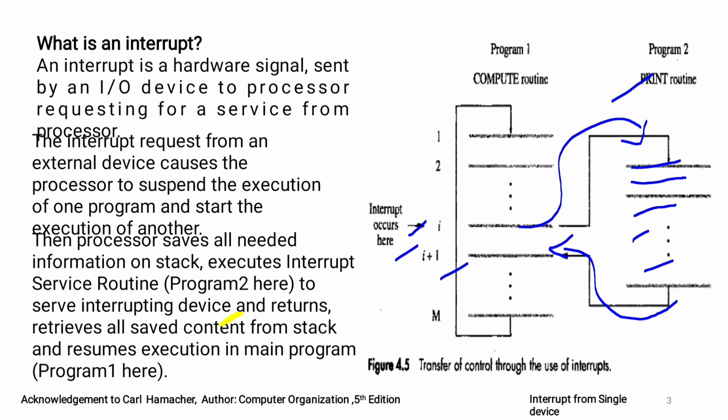Hence it resumes its operation from the next instruction in the main program. This is what happens when any device interrupts the processor for service. Here the printer was interrupting the processor for service.